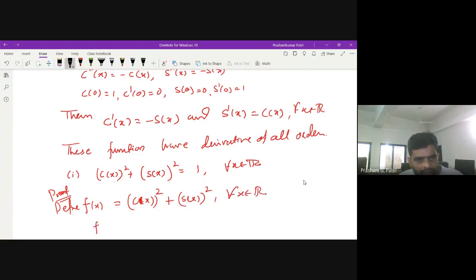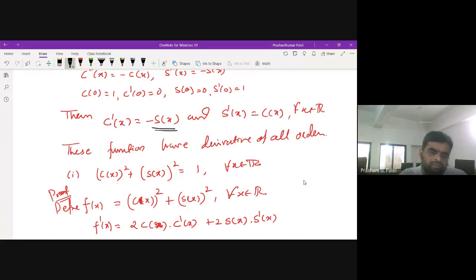What is the derivative of this? So there is 2c of x into c dash of x plus 2 s of x into s dash of x. But what is c dash of x? As per this, it is minus s of x.